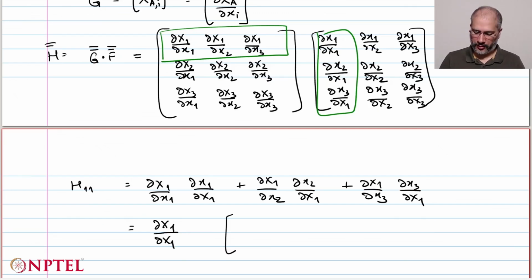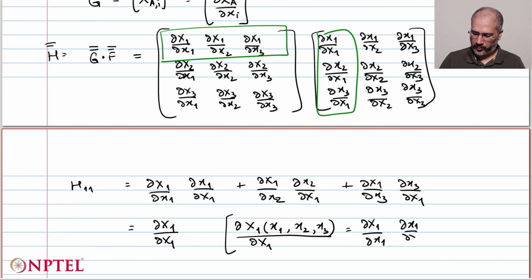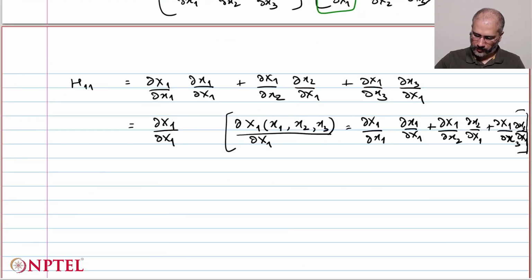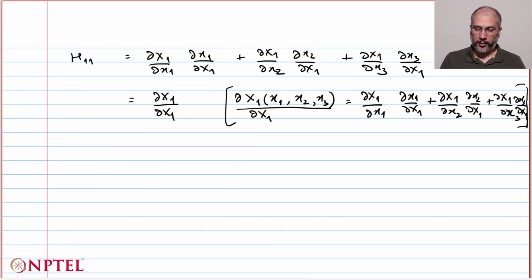And the way we see that is that if we write capital X1 as a function of small x1, small x2 and small x3, then if I differentiate that partially with respect to capital X1, using the chain rule this becomes partial capital X1 by partial small x1 times partial small x1 by partial capital X1 plus the other terms. So please don't cancel the terms, see the chain rule here. And this is equal to 1.